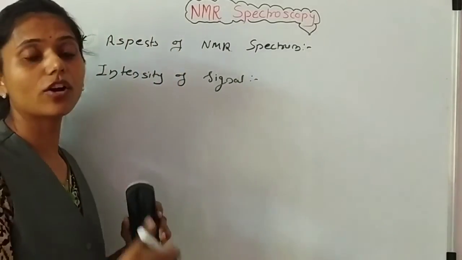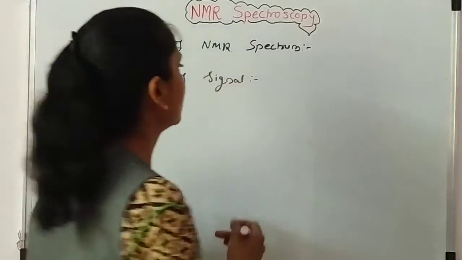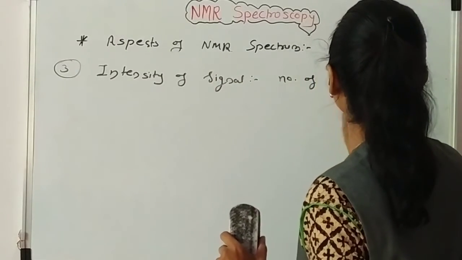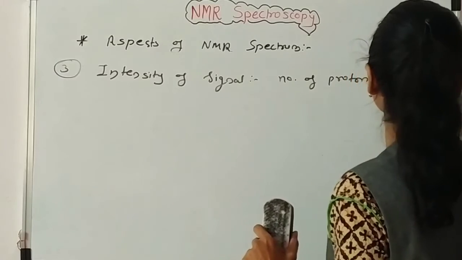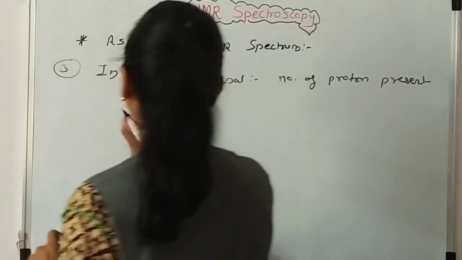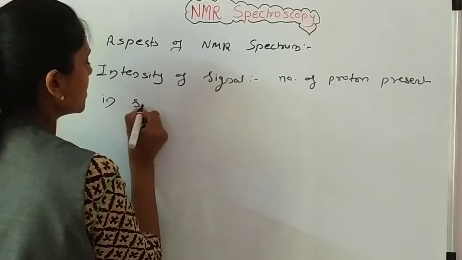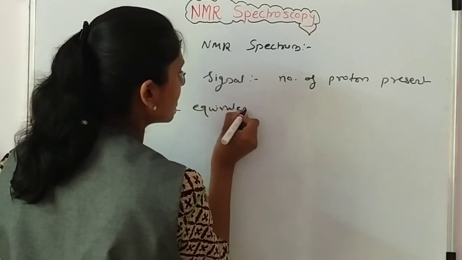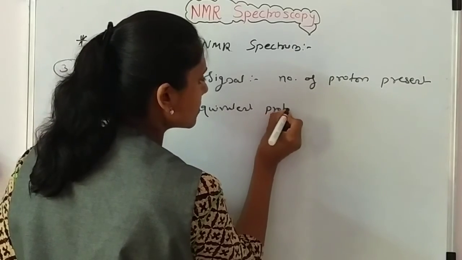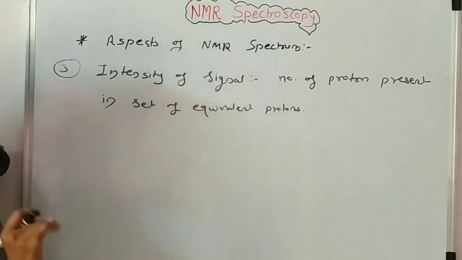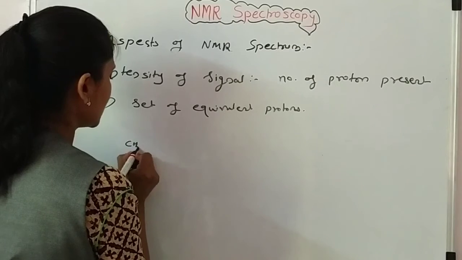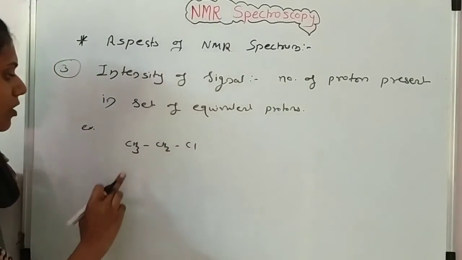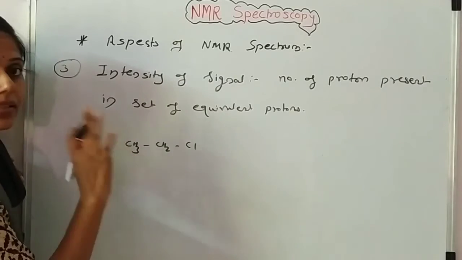This gives the idea or information about the number of protons present in a set of equivalent protons. For example, I have taken here CH3, CH2, Cl. The number of protons in the methyl group is 3.